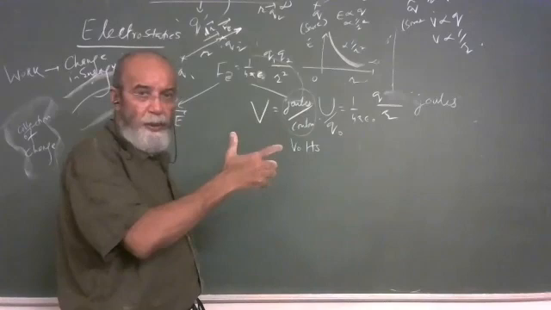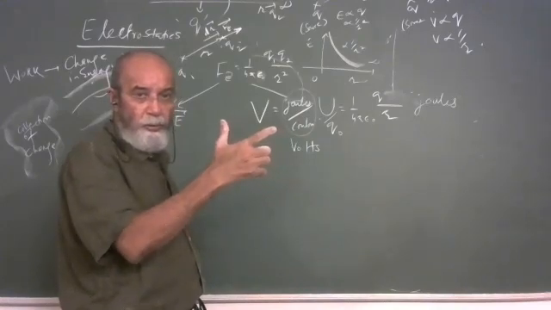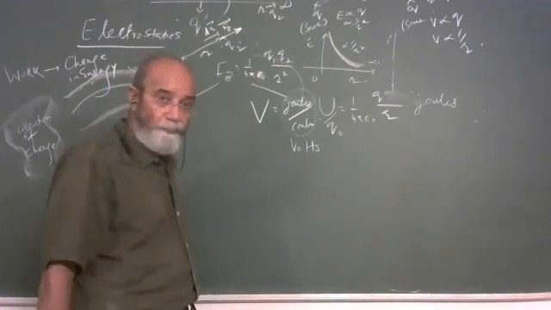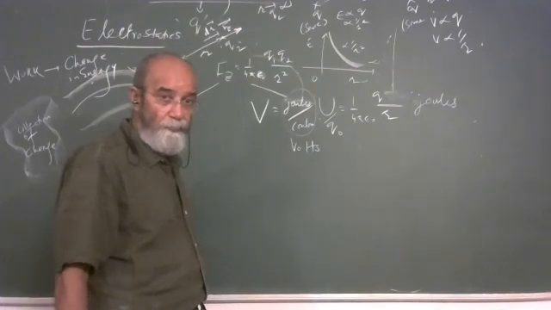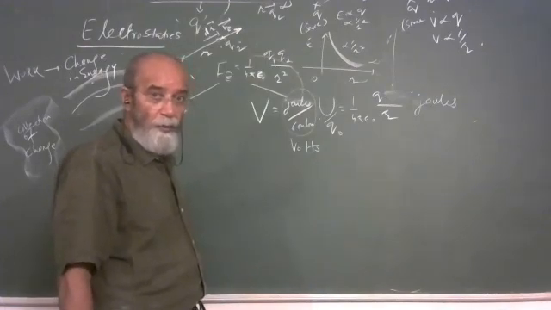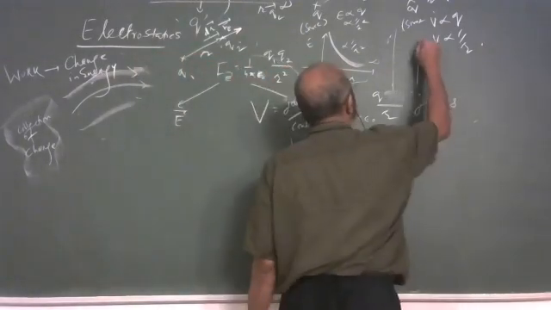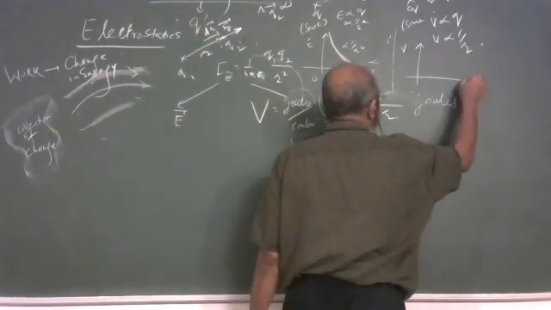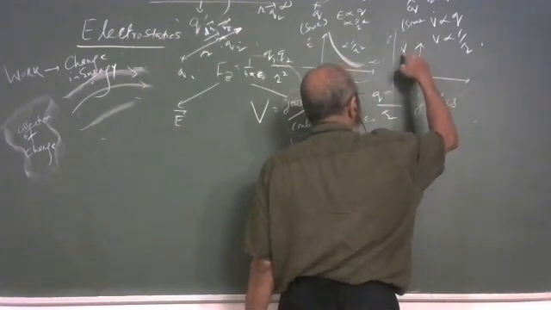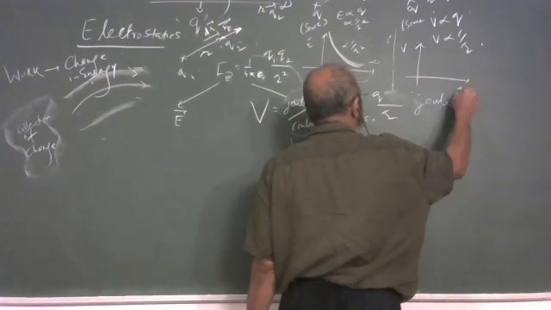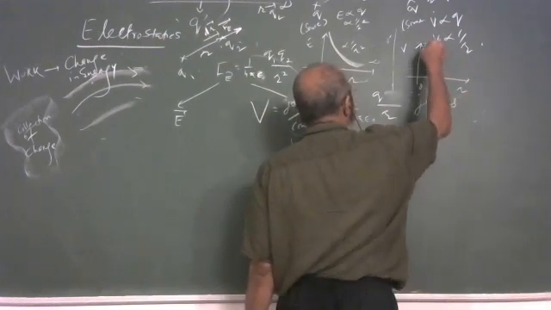It sets up an electric field. What about the variation of voltage with distance? Electrostatic potential, what about its variation?